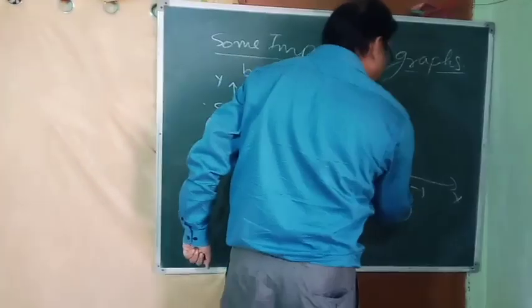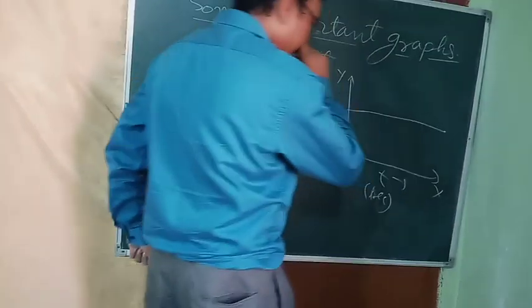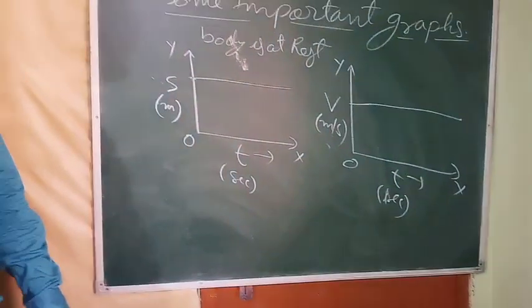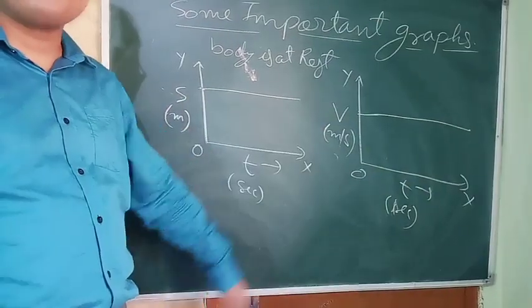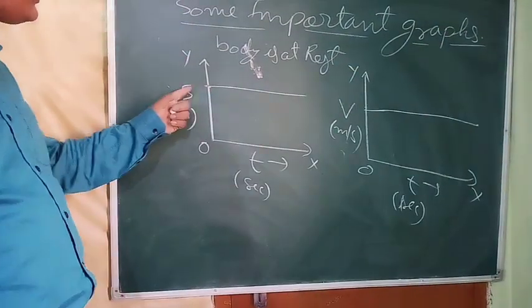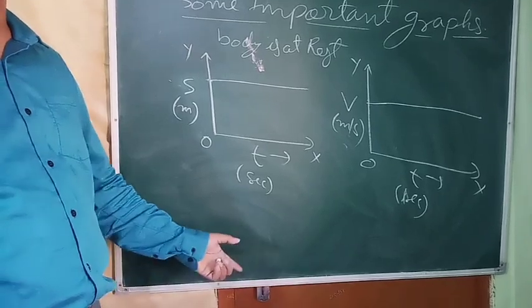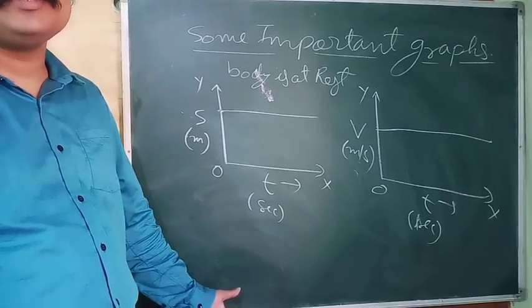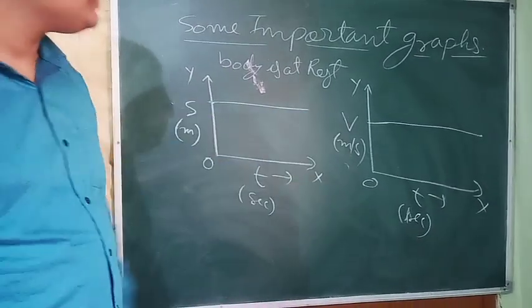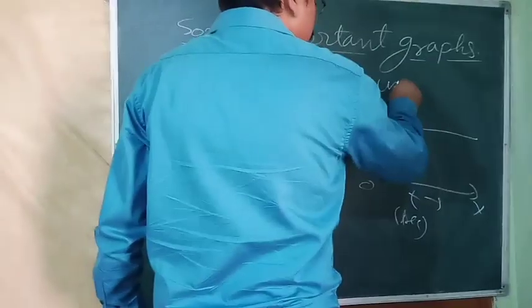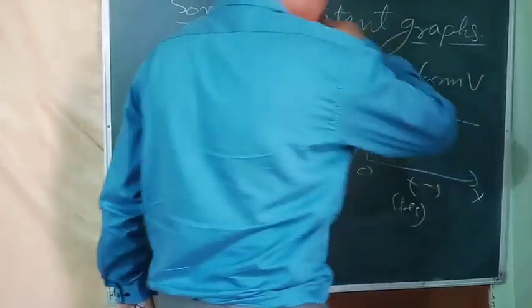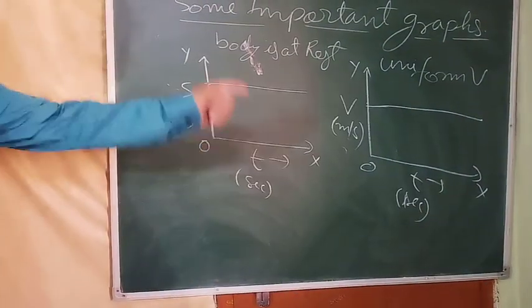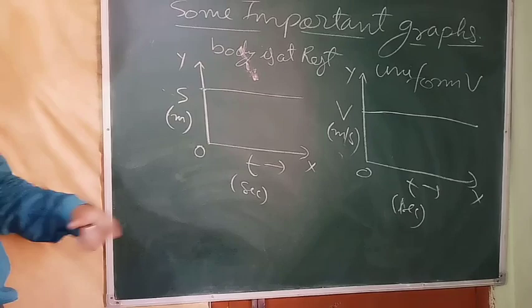And here, what does this indicate? This indicates uniform velocity or constant velocity. Here displacement is constant. When displacement is constant, the body is not changing its position, so it is at rest. Here the body is having uniform velocity, or constant velocity. But there the body is at rest.